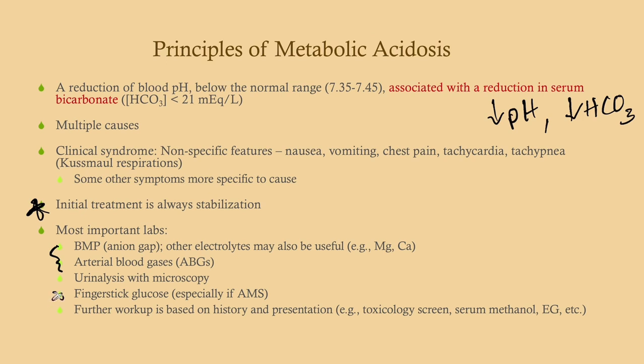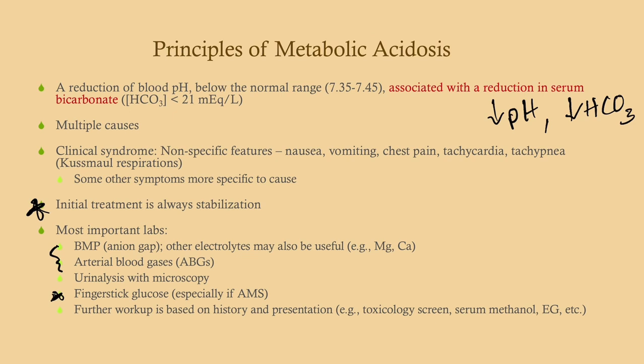Fingerstick glucose, this is so important, guys, because one of the most common causes of metabolic acidosis is DKA, and these patients will be extremely hyperglycemic. If you have a patient who's obtunded, with altered mental status, non-responsive, and you get a fingerstick glucose and their glucose is like 450, you're dealing with DKA. Okay, very easy.